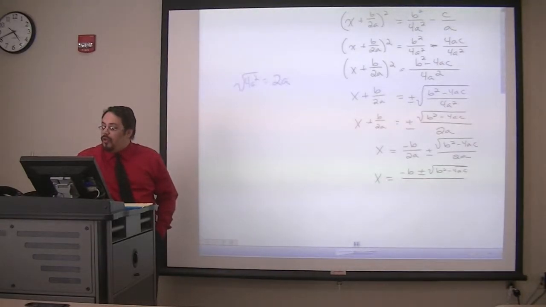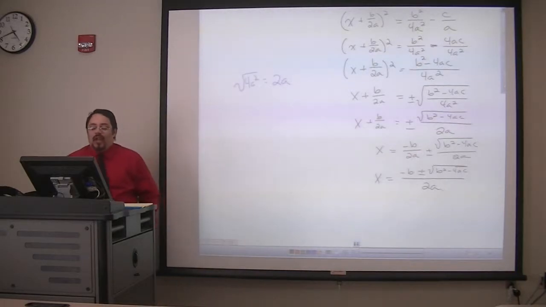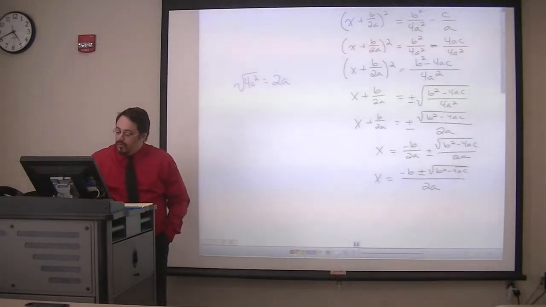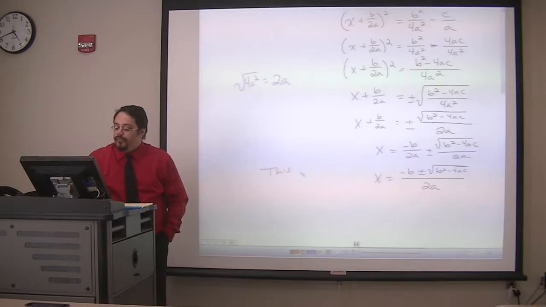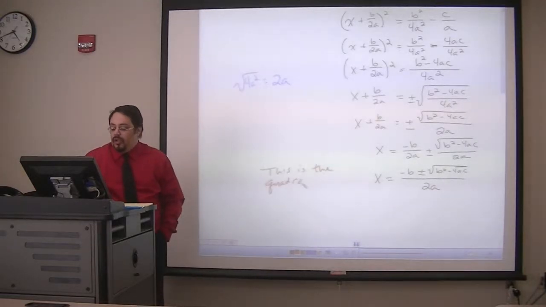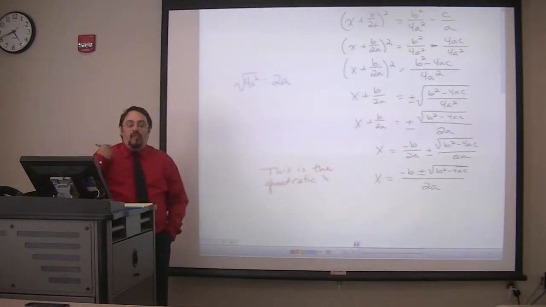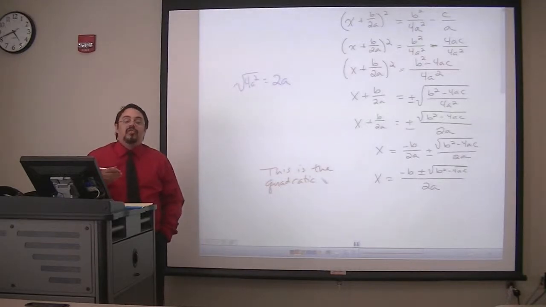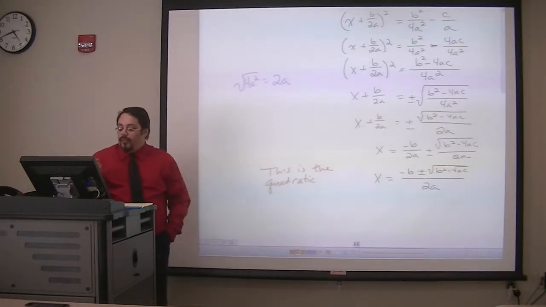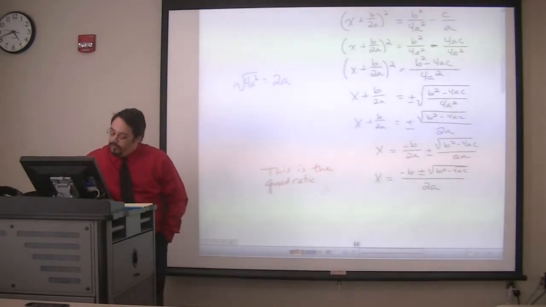Okay, so this gives us our final form of the quadratic formula. So this is the quadratic formula. And we can use this with any quadratic equation to solve for its solutions, the values that will make the equation equal to 0.